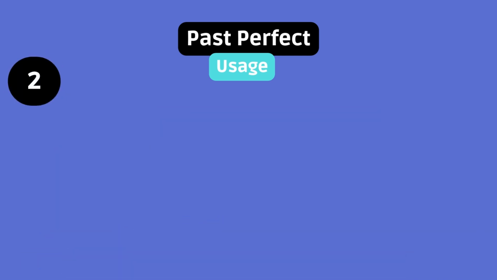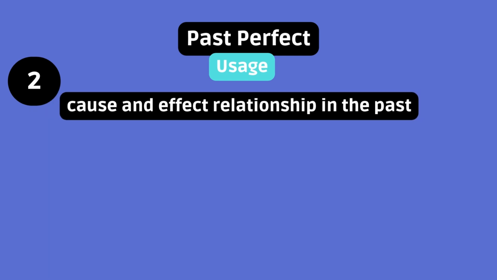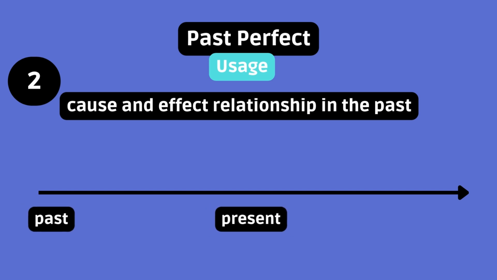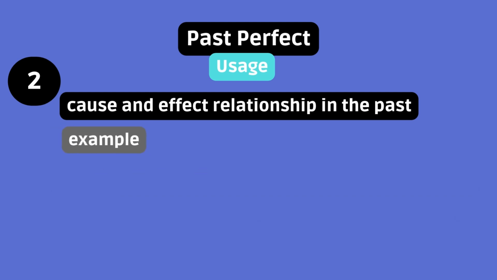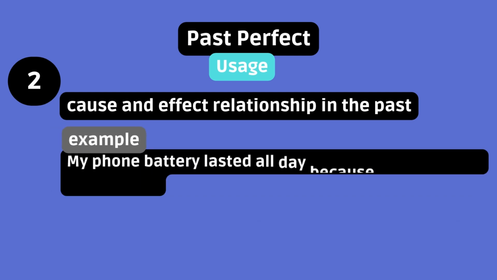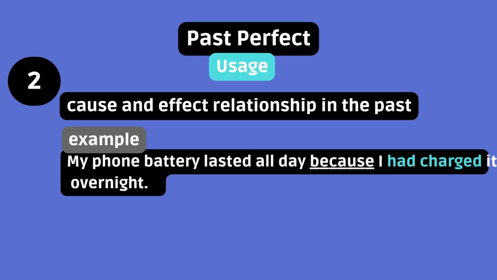2. It can be used to talk about a cause and effect relationship in the past. Since the cause happens first, it will be highlighted with the past perfect, while the effect won't, since it has to take place after. Example: my phone battery lasted all day because I had charged it overnight.